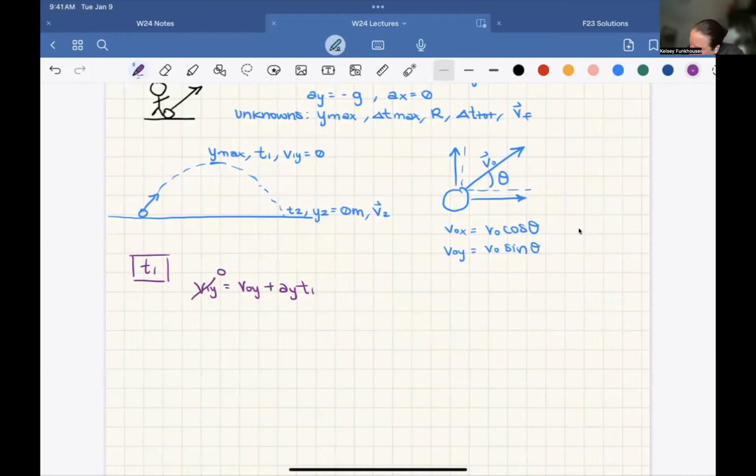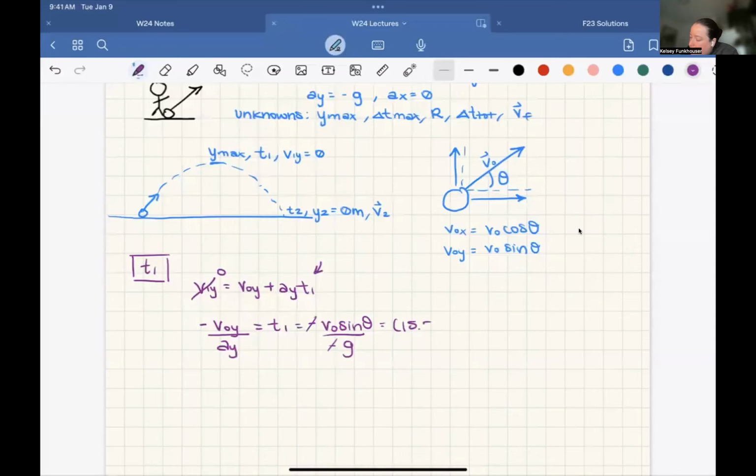So we can solve for the time by subtracting v naught y from both sides, giving us negative v naught y, and then dividing by the acceleration on both sides. That gives us time 1. And so this is negative v naught sine of theta over negative g. So those negatives cancel out, which is good because we don't have negative time.